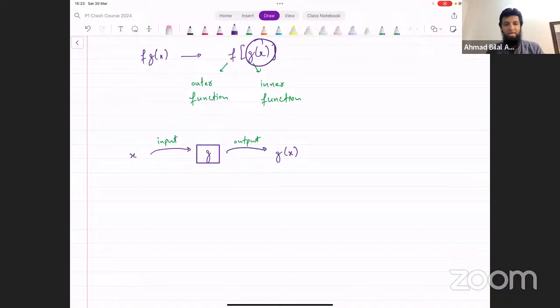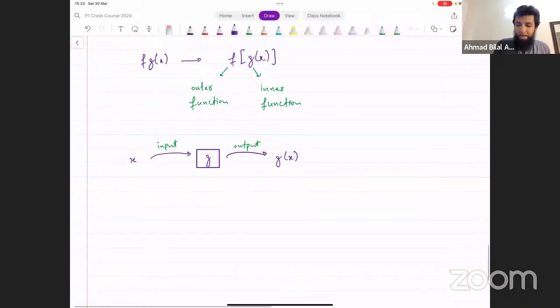So x goes as an input to g first of all. We're talking about the f g of x function. In this particular function, x is going as an input to g first of all. G gives you an output, that's g of x. And now once you have g of x, it goes as an input to the function f.